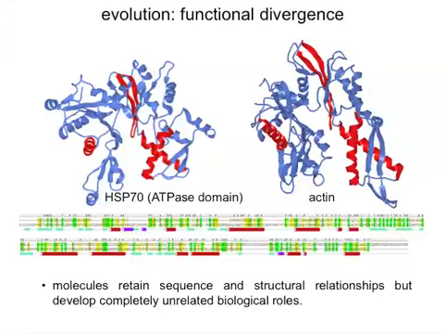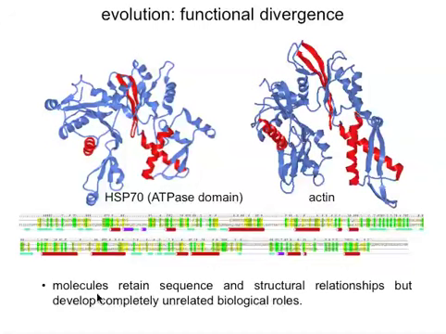So we've lost our sequence relationship at a certain level. We've retained our structure, however, but then again we've lost our function. So this gets back to that idea of the SCOP database comparisons, where actually structure can be a better model for looking at relationships than sequence, once those sequential relationships are obscured by accumulation of mutations.